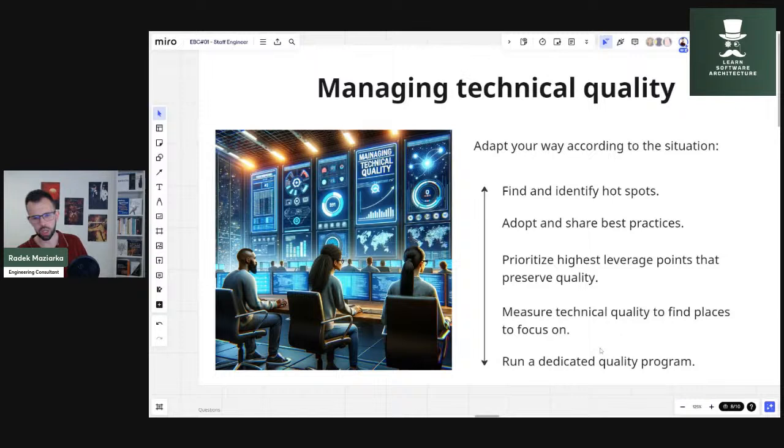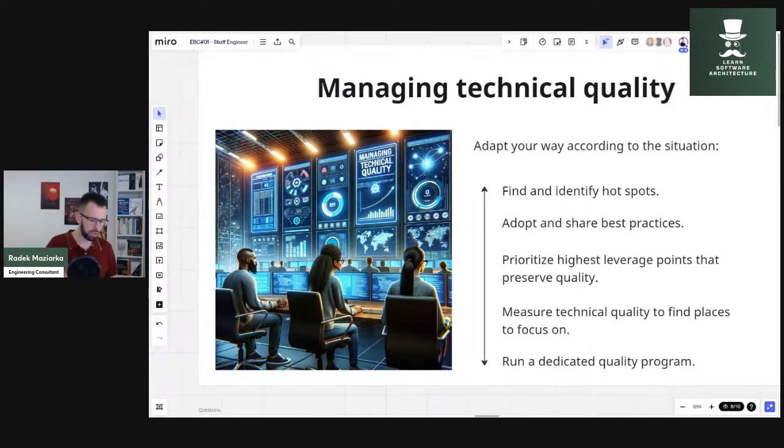At the end, we have the biggest gun to pull out from our toolbox. It's about running a dedicated quality program. You will act as a project manager to solve a specific quality problem across different teams. That will take a few weeks, a few months.